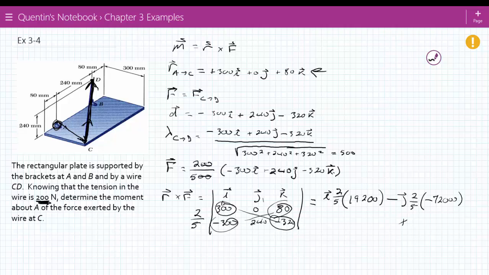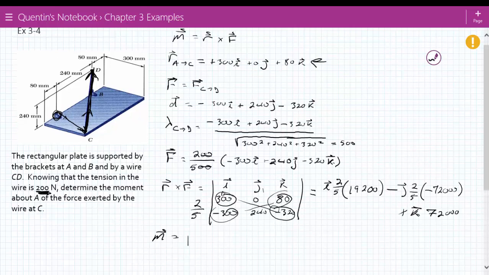And then plus k, the k component, which ends up being 300 times 240 minus 0, so it ends up being 72,000 as well. So therefore, we can write our moment vector, and I'm going to divide everything by 1,000 to get things into Newton meters instead of Newton millimeters.